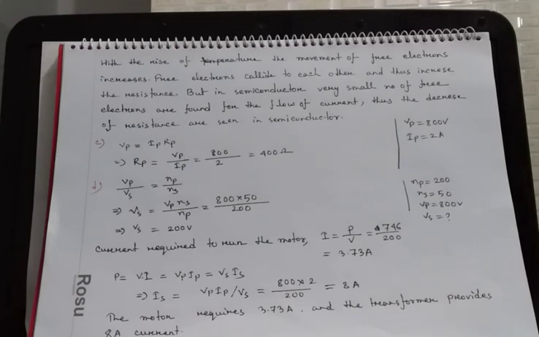The best example for the magnetic effect of current is the transformer, where the electromagnetic induction process is used, and using this, step up and step down transformers are formed.